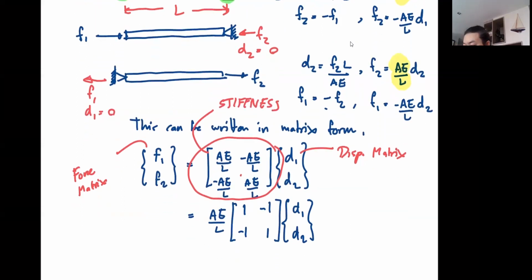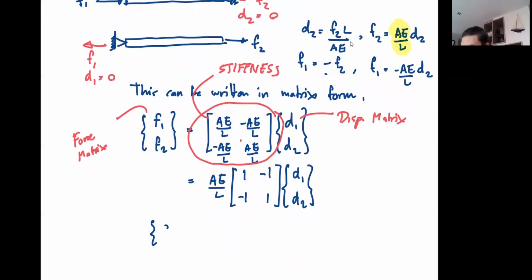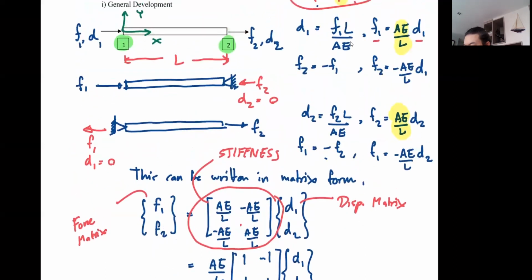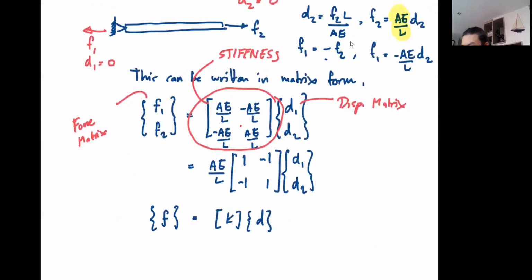It's something like this. F is equal to K D, which essentially is this equation, right? This one. Same, but instead of a typical equation, now it is the equation of the matrix.